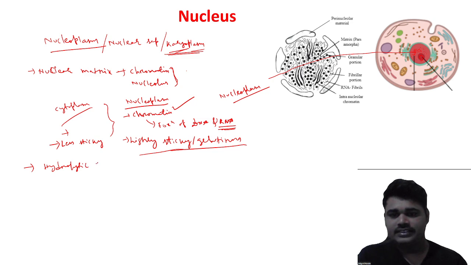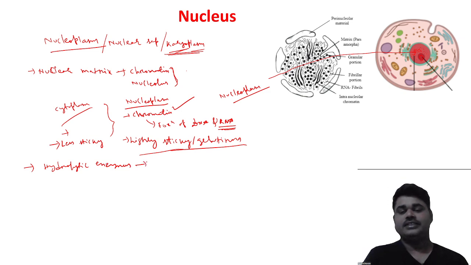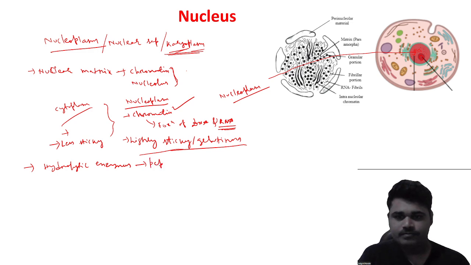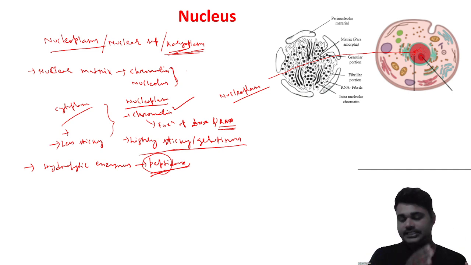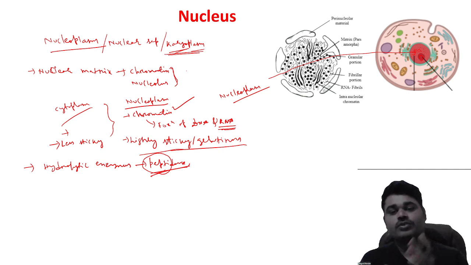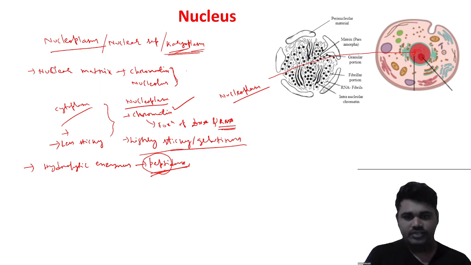The main function of hydrolytic enzymes is that they cleave biomolecules. For example, peptidase. Peptidase cleaves the protein or the peptide bond. That's why it is called the peptidase enzyme. The function of the peptidase enzyme is to cleave the protein that is present inside the nucleus.